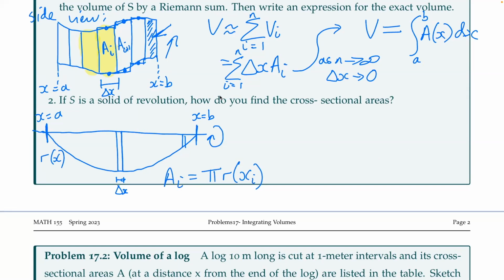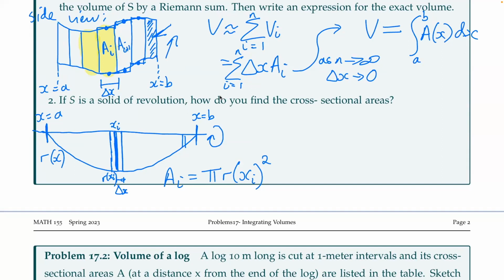So the cross-sectional area is going to be pi r of x i squared. And because this curve is r of x, for x i we'd usually choose the midpoint. So for argument's sake, I'm going to put this as my x i. And this r of x i is then the distance from the x-axis down to that curve.